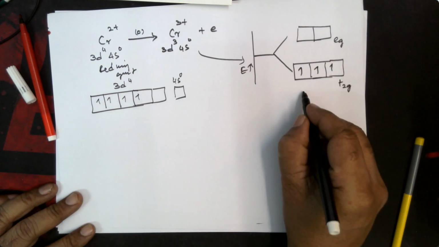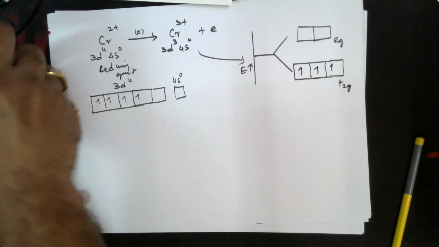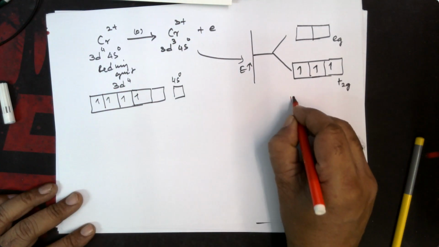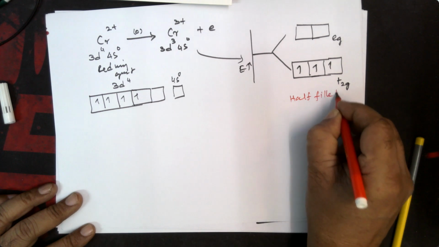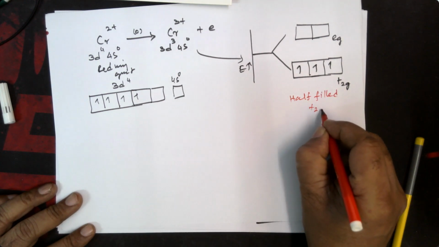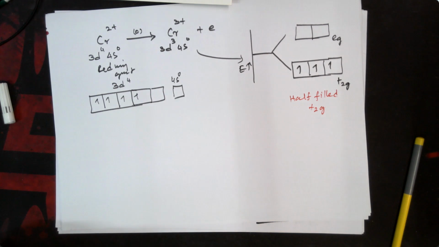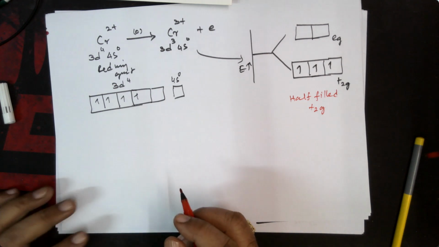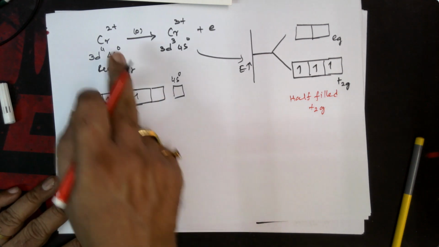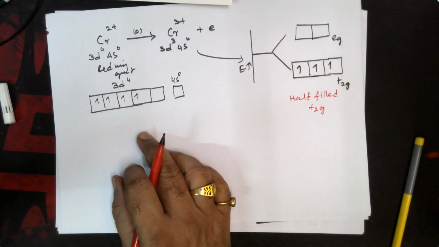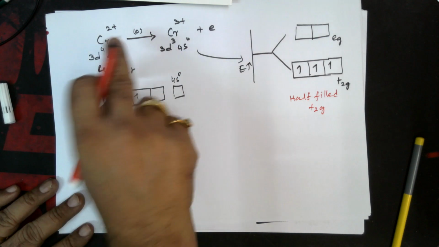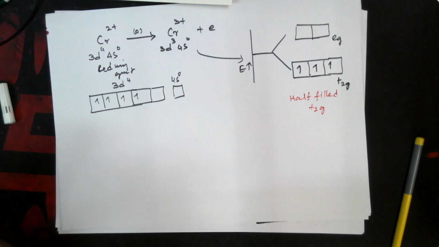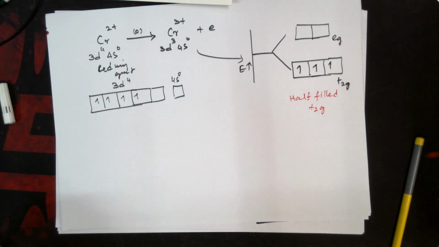It is half filled T2G. That is why it easily undergoes oxidation. Removal of electron is feasible here, so it acts as a reducing agent and undergoes oxidation. Is it clear now?